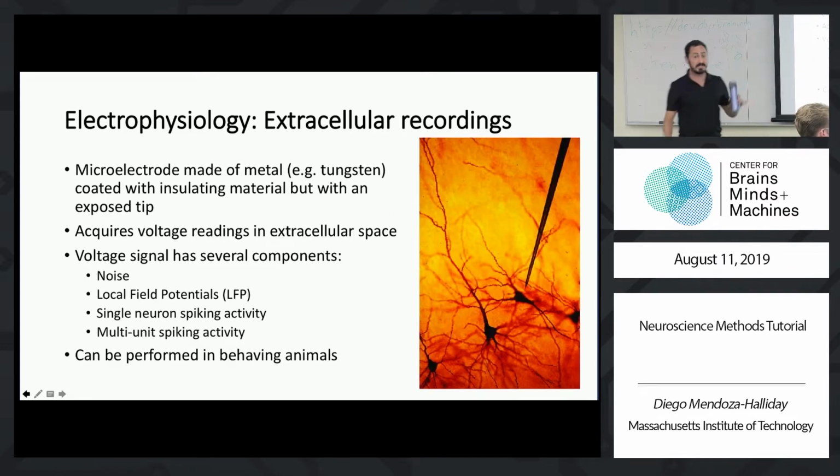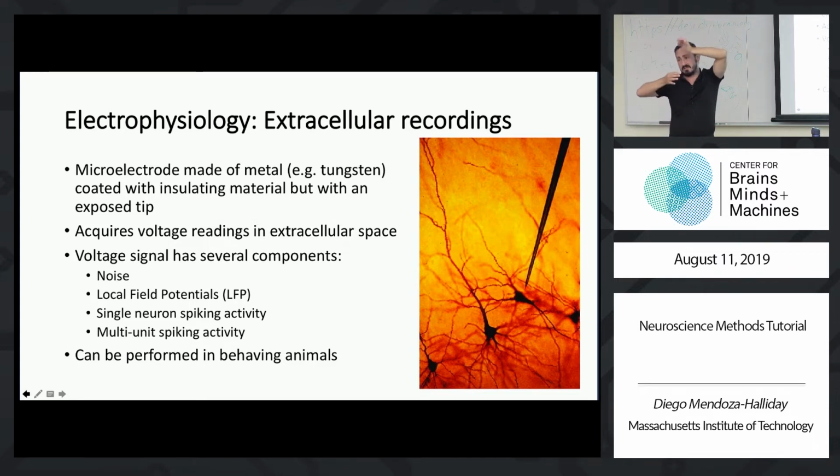But what is much less limiting is extracellular recordings. And that's basically one level up in that scale. You can have a microelectrode. I'll tell you about them in a second. If you introduce it into the brain, those are very tiny.